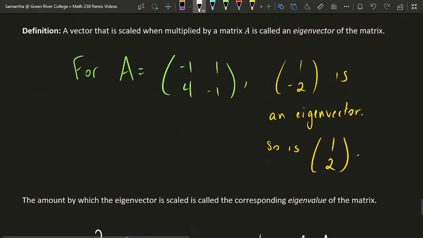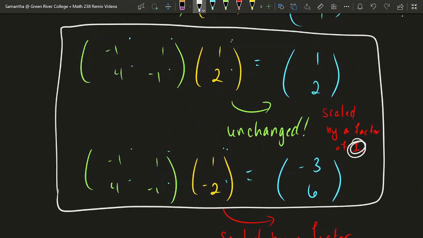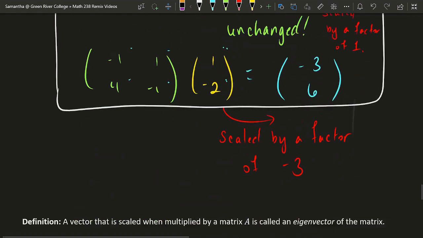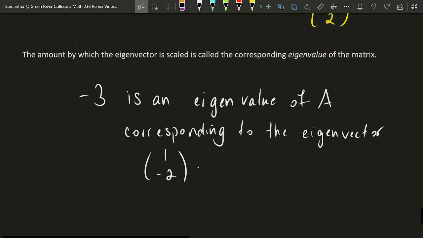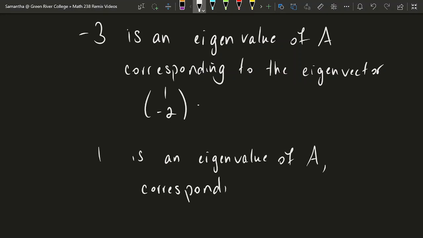From the previous example, I could also say that the number 1 is an eigenvalue of the matrix A, because when I multiplied the vector 1, 2 by the matrix A, the answer was 1 times the original vector.